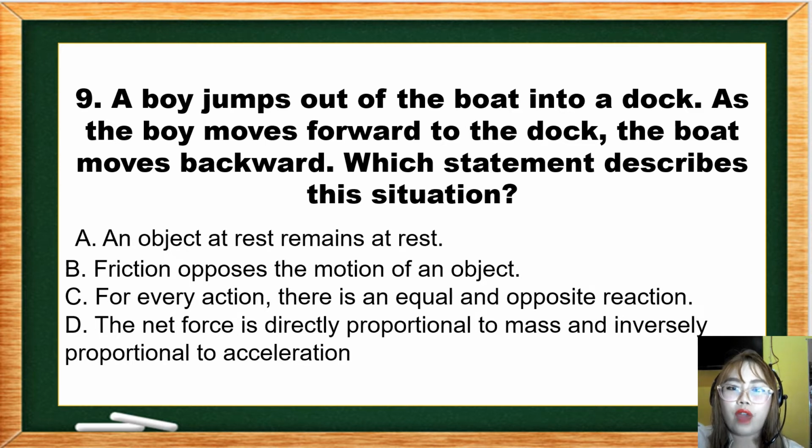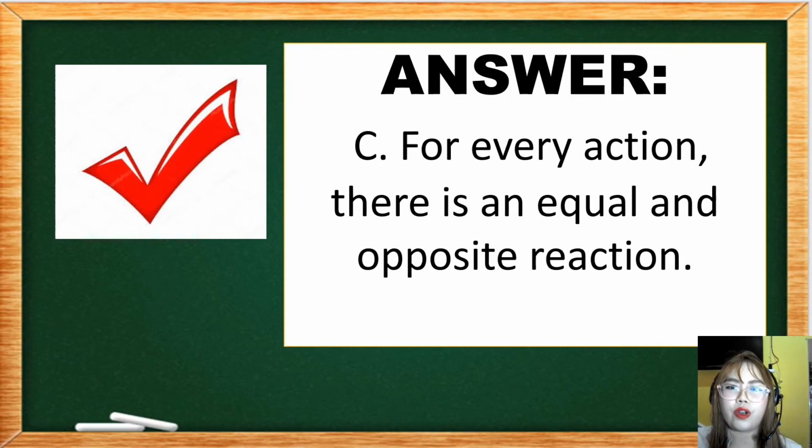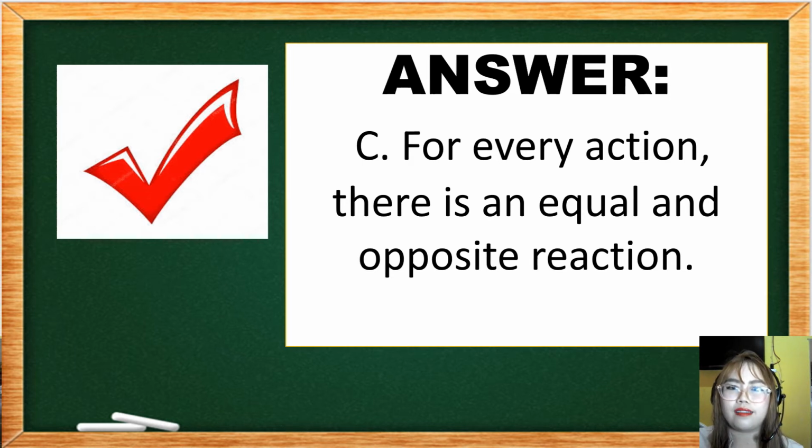C. For every action, there is an equal and opposite reaction. Or D. The net force is directly proportional to mass and inversely proportional to acceleration. Answer: letter C. For every action, there is an equal and opposite reaction.